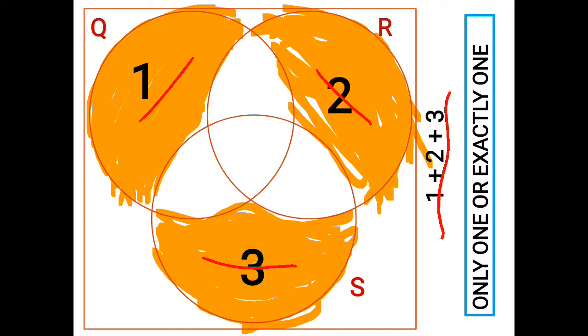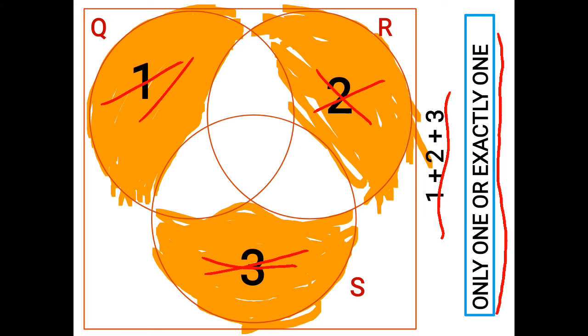There is another phrase they can use, which is exactly one subject. How many students read only one subject? How many students read exactly one subject? Meaning add region 1, region 2 and region 3, and that should give you your answer.